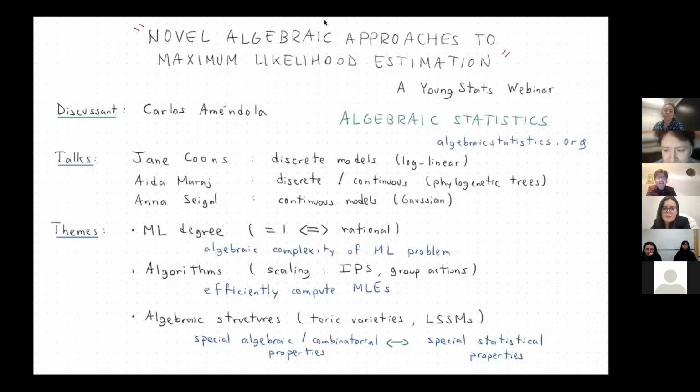And in the paper that Aida referenced, we do some examples comparing classical IPS to homotopy continuation, using the fact that some ML degree is 1, and we are able to beat the classical algorithm using this algebraic technique.